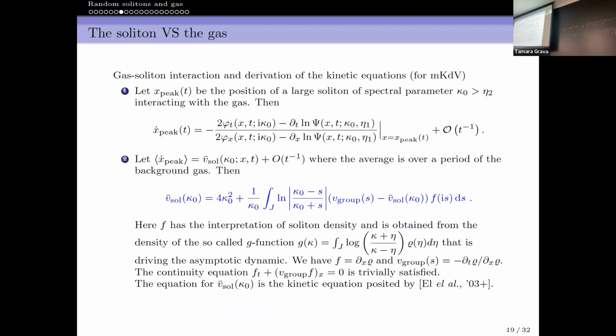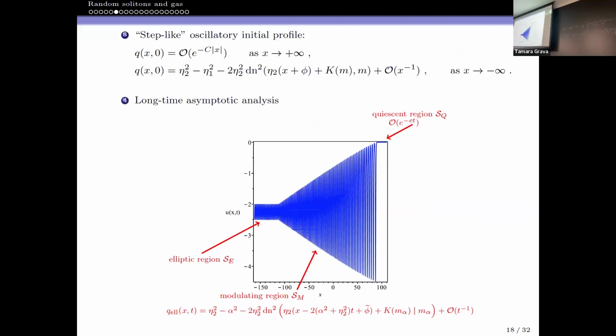Let me go back. This is the solution of KdV, over space, x, and q. And the initial data that you're taking is literally a step? An oscillatory step, because you accumulate a lot of solitons, and I'm putting them basically at plus infinity, where the solution is exponentially small, and at minus infinity it's oscillatory.